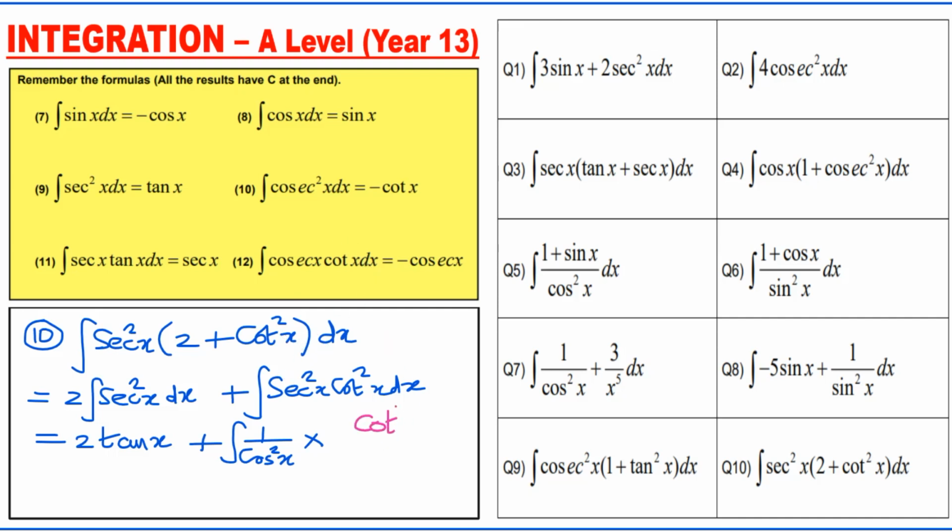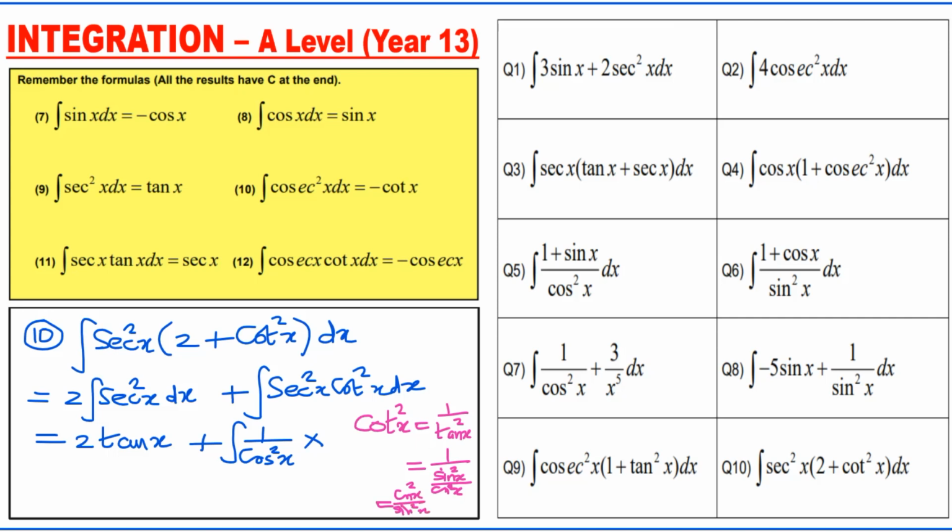So cot squared x equals 1 over tan squared, right? Tan squared is sine squared over cos squared, so 1 divided by sine squared over cos squared gives cos squared over sine squared.